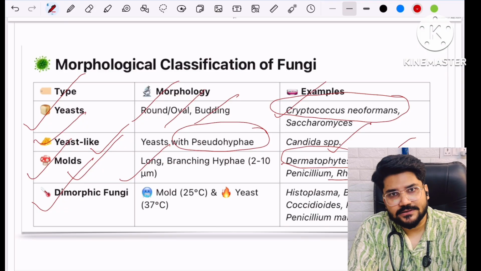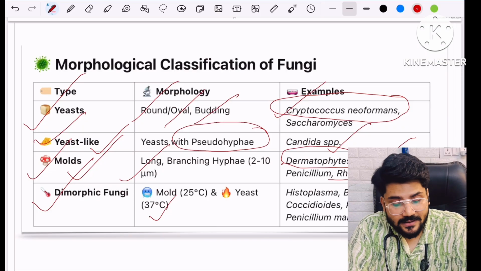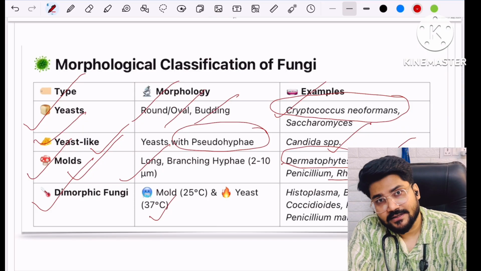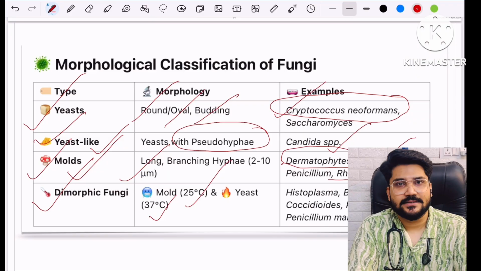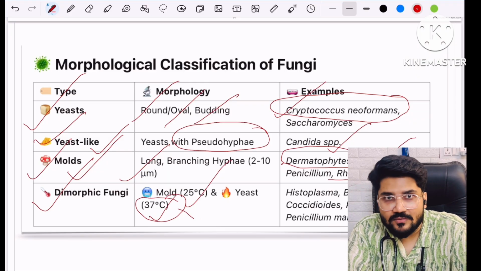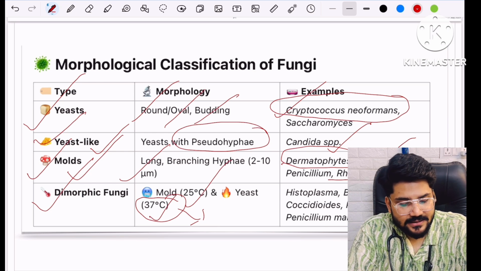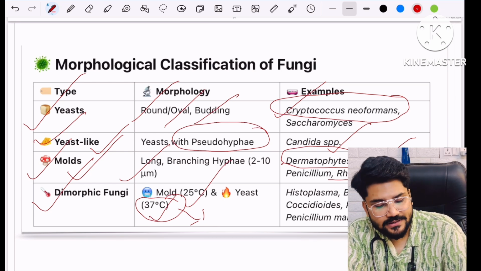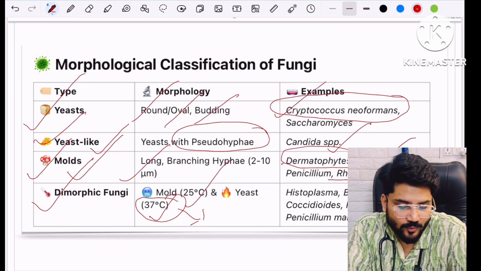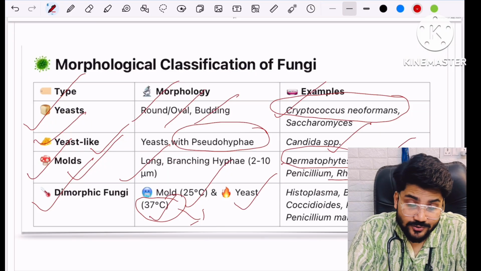They have a peculiar feature. What feature? At 37 degrees centigrade, they function as a yeast, and at 25 degrees centigrade, they work as a mold. 37 degrees centigrade is mostly your body temperature, so inside your body acts as an incubator and they convert into yeast.